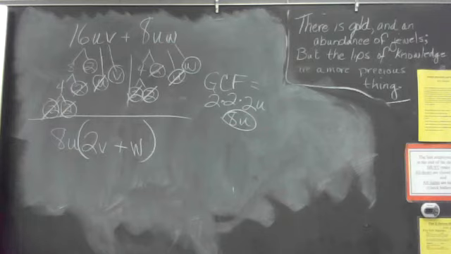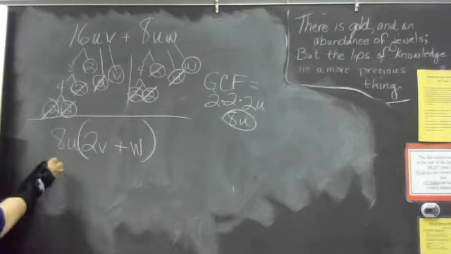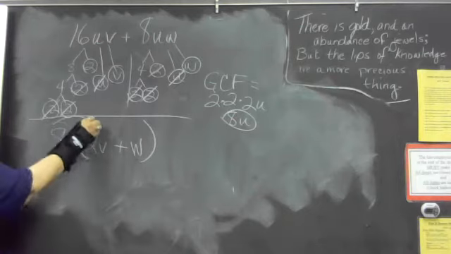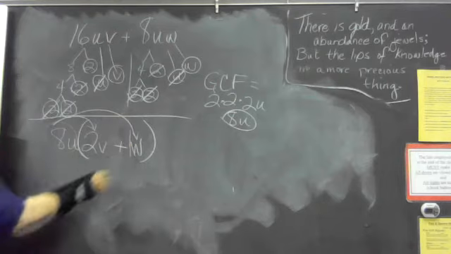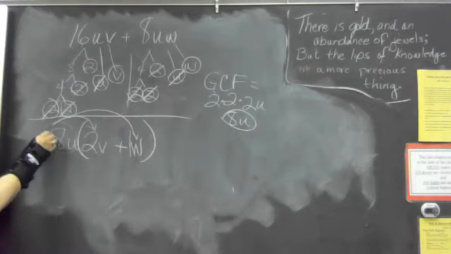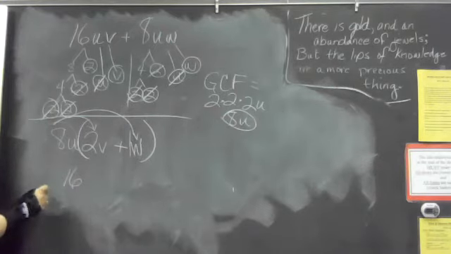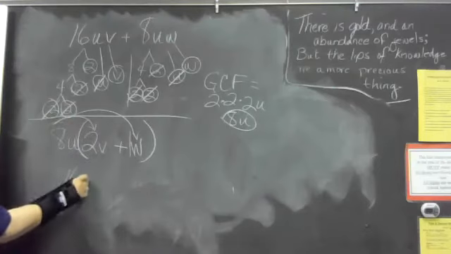Yes. We're going to use the distributive property. And so the distributive property says take what's out front, multiply it here, and multiply it here, okay? Invisible one. So when I take 8 times 2, that's 16. But I also have a U and a V in these first terms.